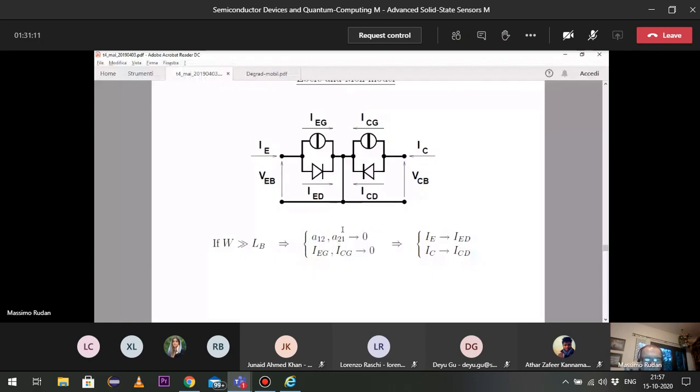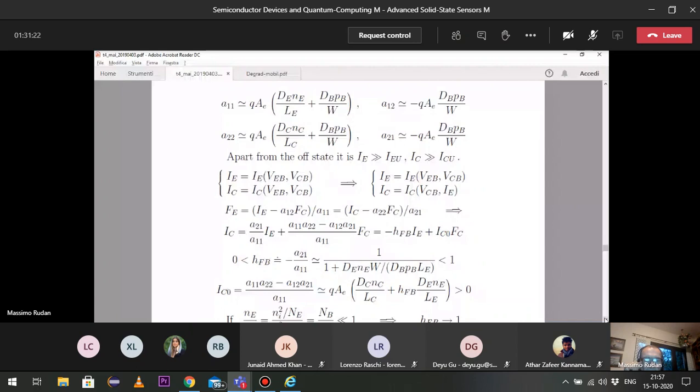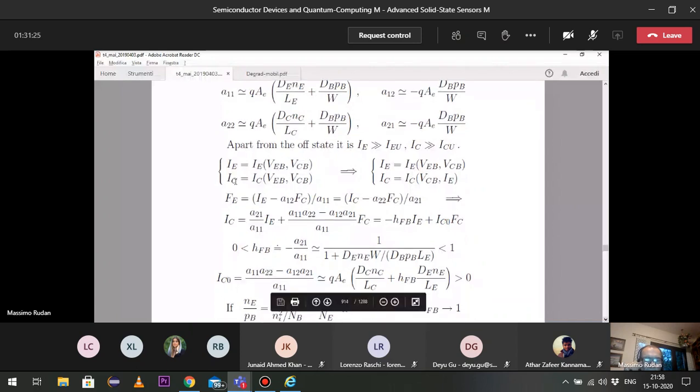We can calculate it after calculating independently IE and IC. So the consideration of the two currents IC and IE is sufficient. So we have a double bipole in which each current of interest is represented in terms of the two applied voltages.